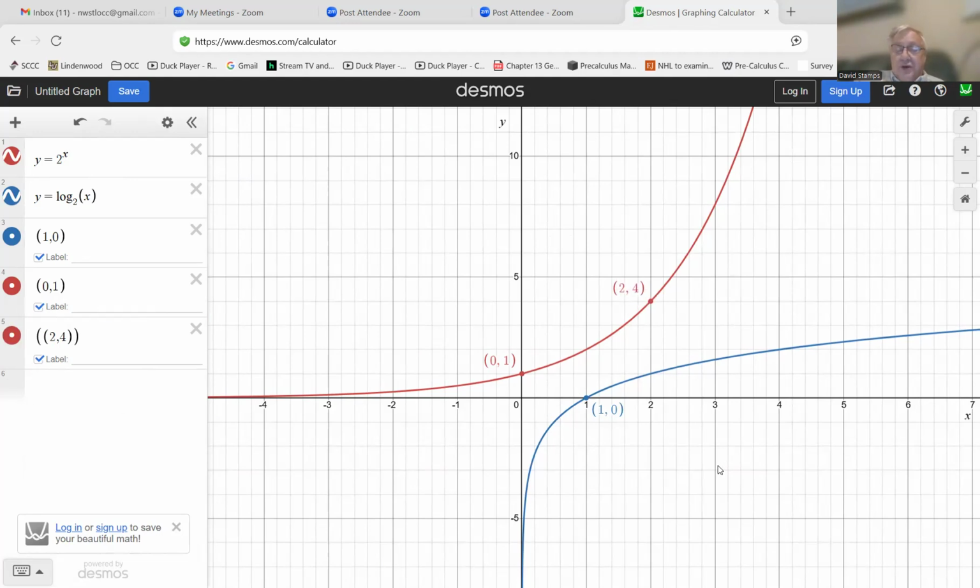On the logarithm graph, if you flip the coordinates of 0, 1, that's 1, 0. And on the exponential, we have the point 2, 4, so we should see the point 4, 2 on the other graph. And you can see that. Let's make that blue.